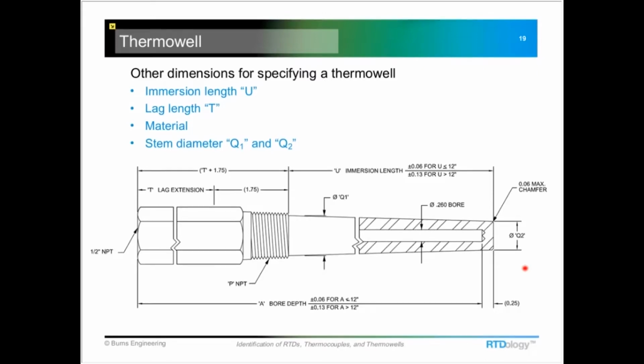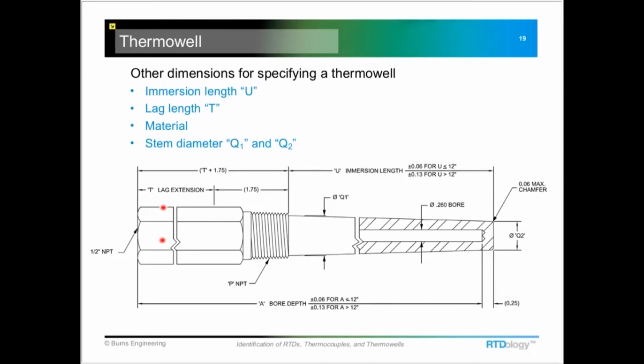There are some standards there that manufacturers have, but if you need something a little different, that's usually available also. But because you want to make sure you get the same dimension well to go in so that you have the same performance out of it as you did with the original.